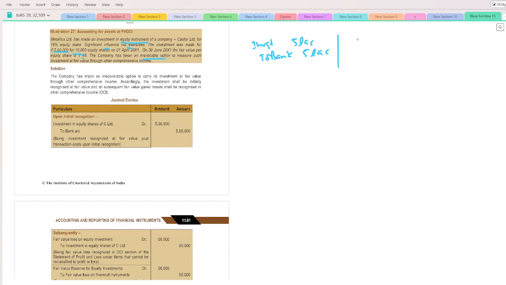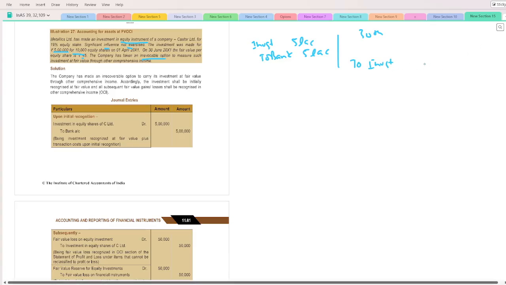Now on 30th June, the investment is reduced. So to investment in the equity instrument of Castor, you can write the full name also, 50,000. And here instead of the P&L, it will be OCI 50,000. Yeah, and this is at the initial recognition.